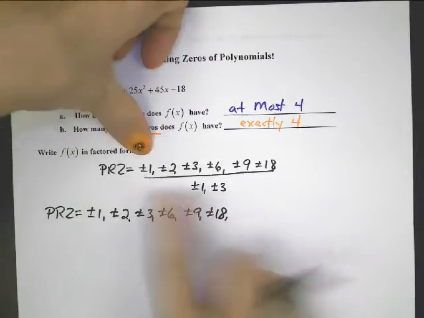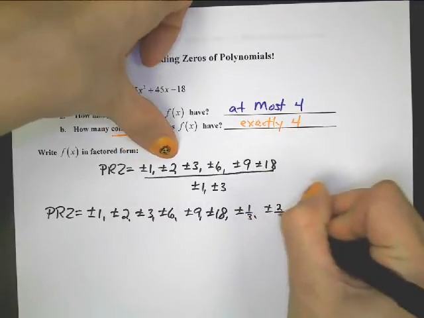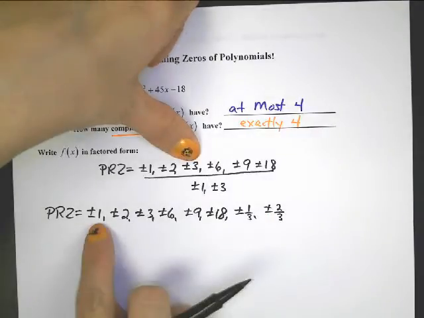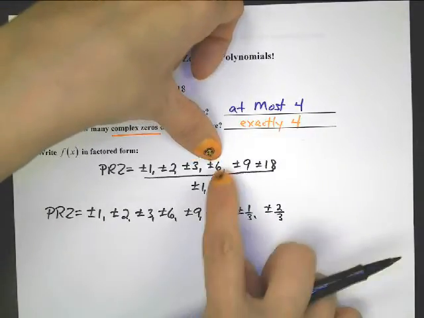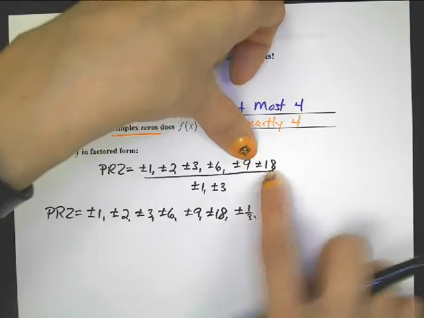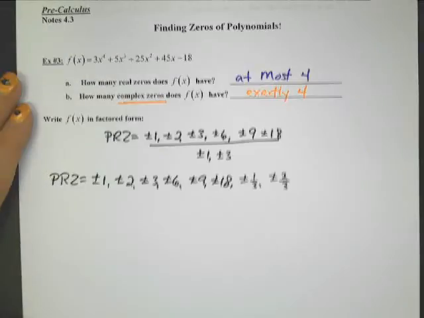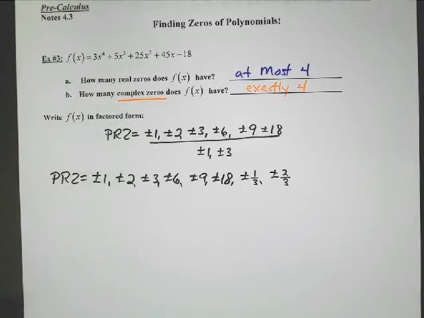Now let's divide them all by 3. 1 over 3, 2 over 3. 3 divided by 3, I already have 1. 6 over 3, I have 2. 9 over 3, I have it, and I have it. There's your PRZ list.